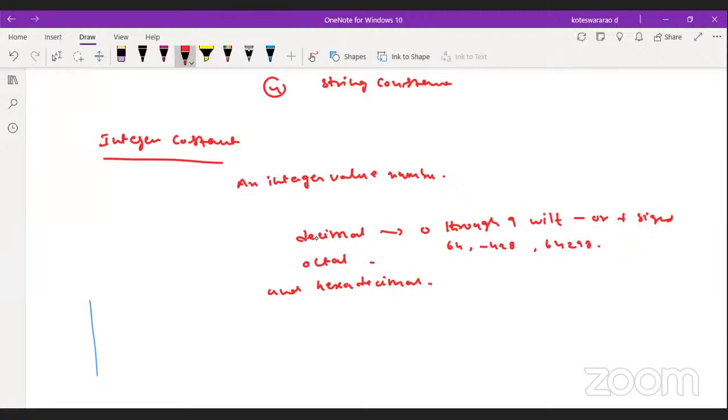Now coming to the octal. An octal integer constant is a constant of any combination of digits from 0 to 7 with a leading 0.